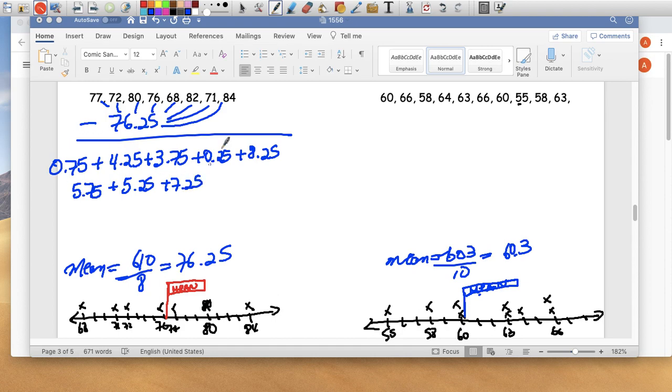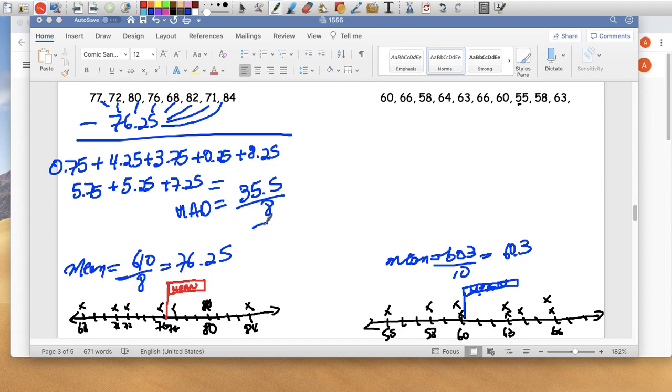Once we find the difference between each of these numbers and 76.25, we add them. So let me quickly add this correctly, I hope. 0.75 plus 4.25 plus 3.75 plus 0.25 plus 5.25 plus 7.25. I am getting 35.5, and I hope I'm right.